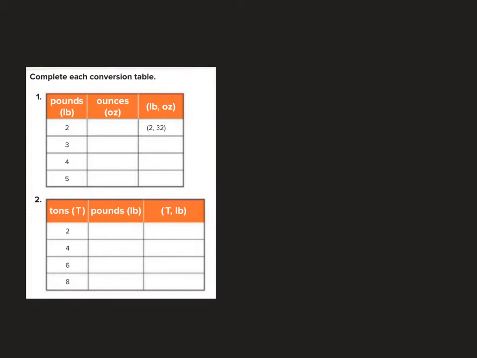All right, next, complete each conversion table. Pounds to ounces. So we know 1 pound equals 16 ounces.